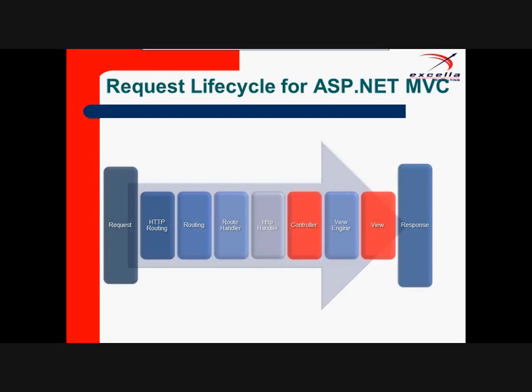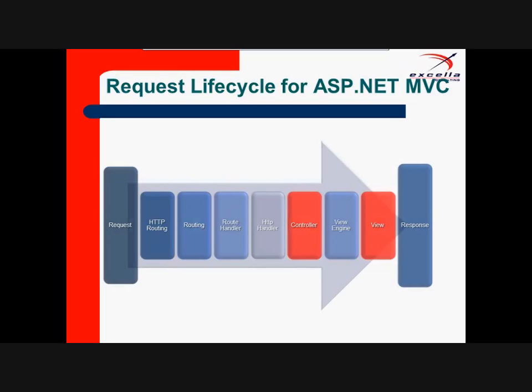There's a routing handler in MVC that basically translates that request into a specific controller and action. That controller and action receives a model, which is actually provided by the value provider and model binder process. And that information is used to actually return a result.